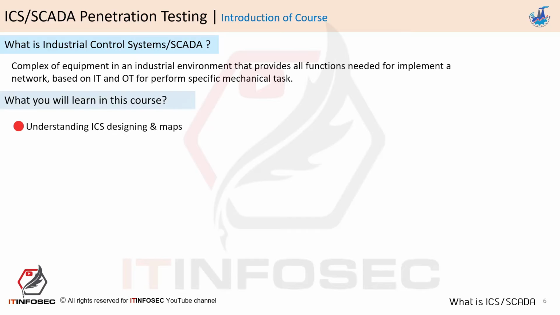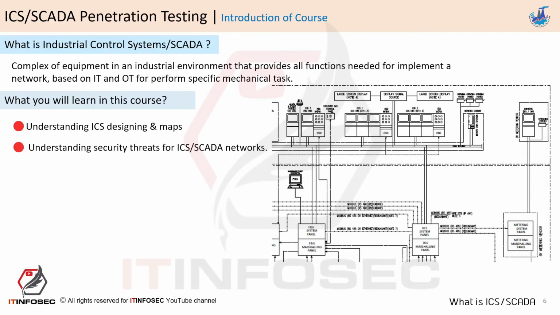Another item is understanding ICS designing and maps. When you want to build an industrial network, it definitely requires a design map for that network, to define how the devices are connected together, what the networking protocol is, what the security items are, what the hardware items are, what the ICS levels are, and so on.